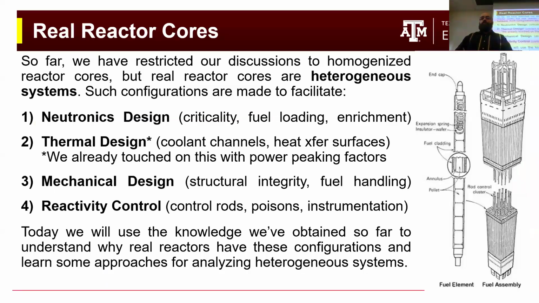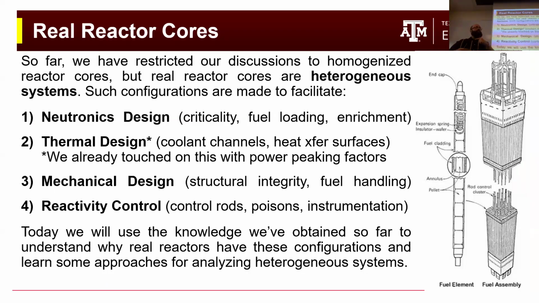At this point, we've dealt with a lot of very simplified situations involving reactors, right? Like we started looking at just bare homogeneous reactors. We started looking at multi-region systems after that, but they were very simple, like a spherical core surrounded by a spherical reflector.